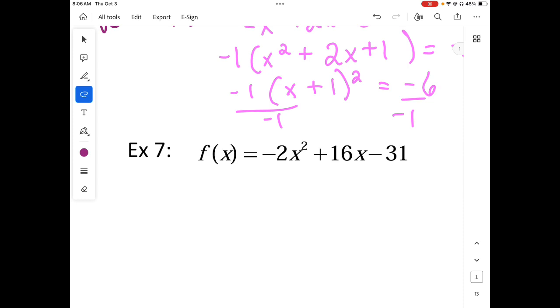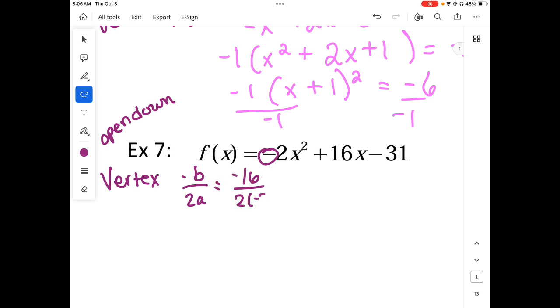All right, so we want to find our vertex first. This negative tells us it's going to open down. Okay, so our vertex, negative b over 2a, negative 16 over 2 times negative 2.